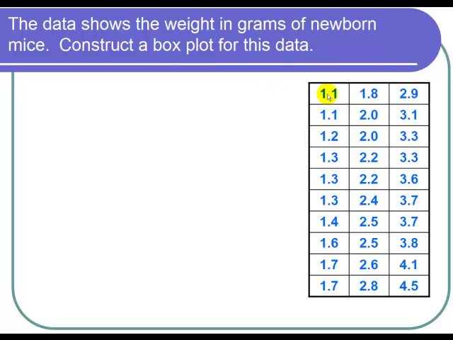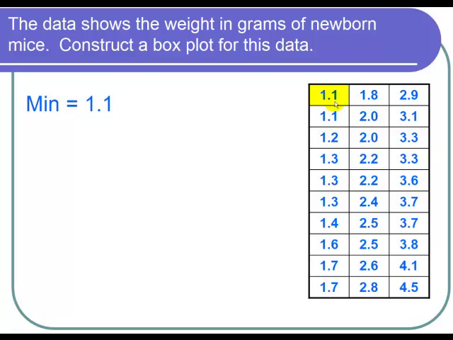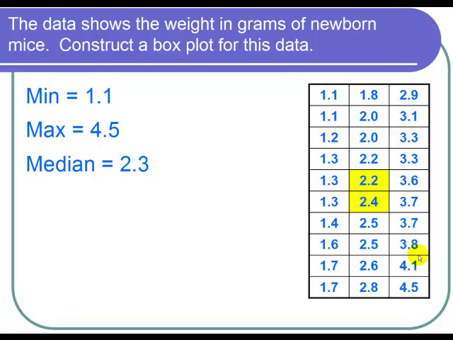So the minimum is the smallest value, and that's just 1.1. The maximum is the largest value, which is 4.5. The median, well, we notice that there are 30 total numbers, and when we have an even number of data points, we take the two middle numbers, and in this case it's the 15th and 16th number.